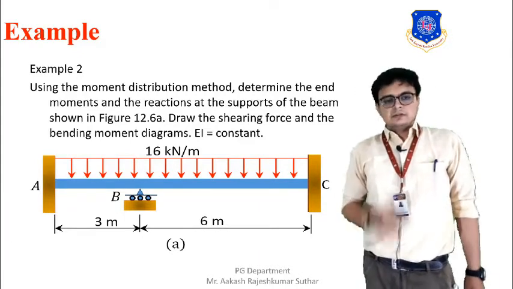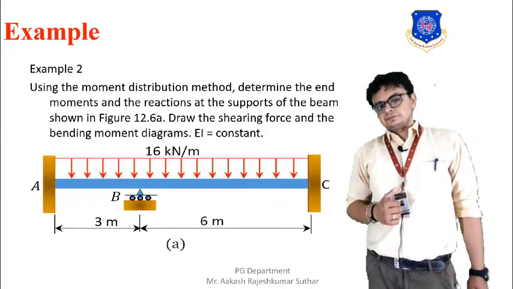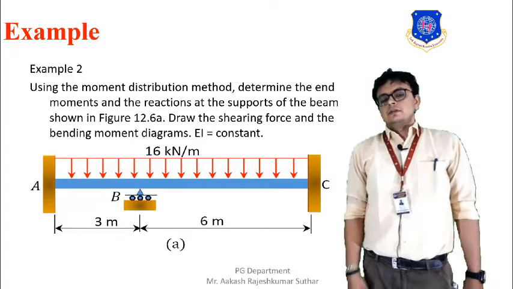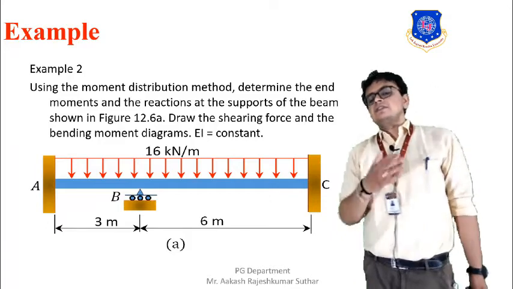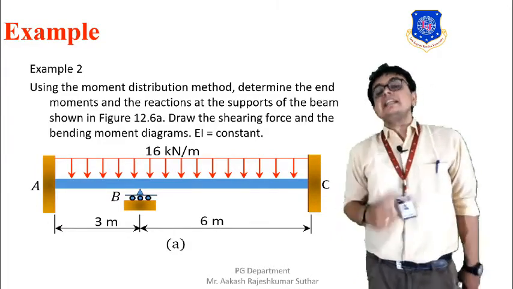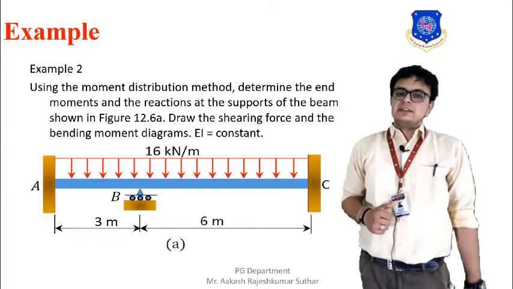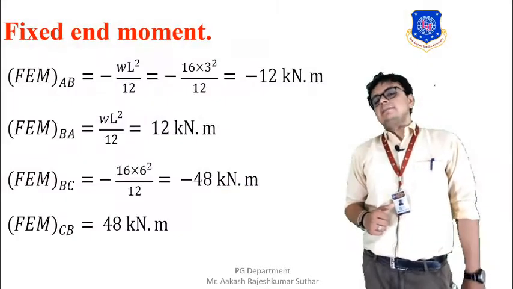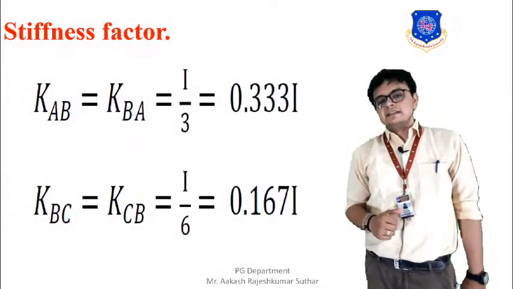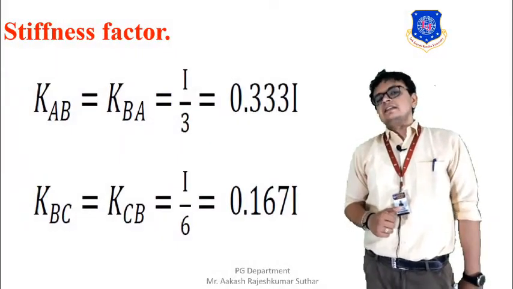So for AB and BA the stiffness will be I by L, and here our L value is 3. So our stiffness value for AB and BA will be I by 3, that is 0.333 I.